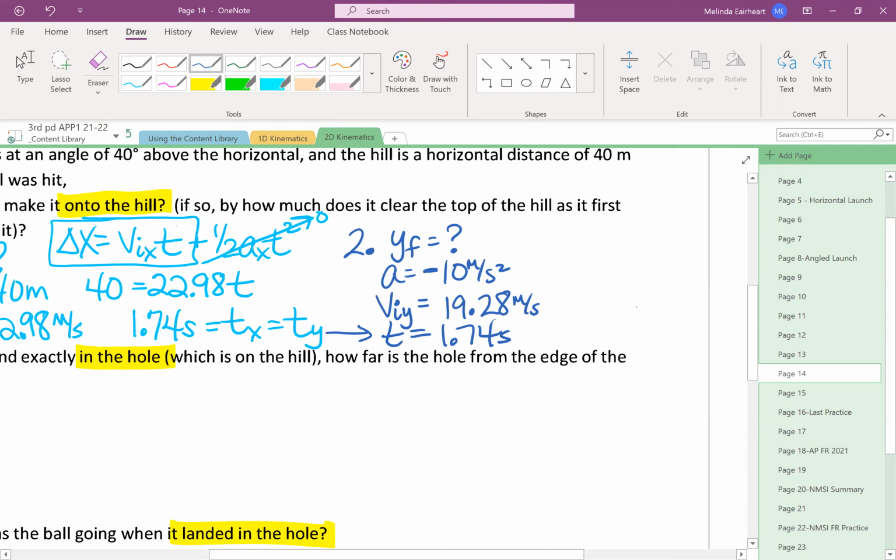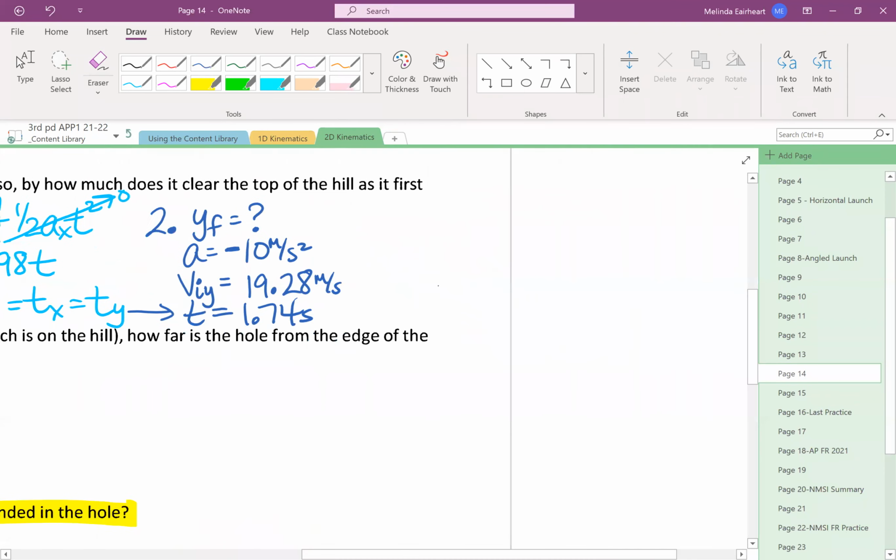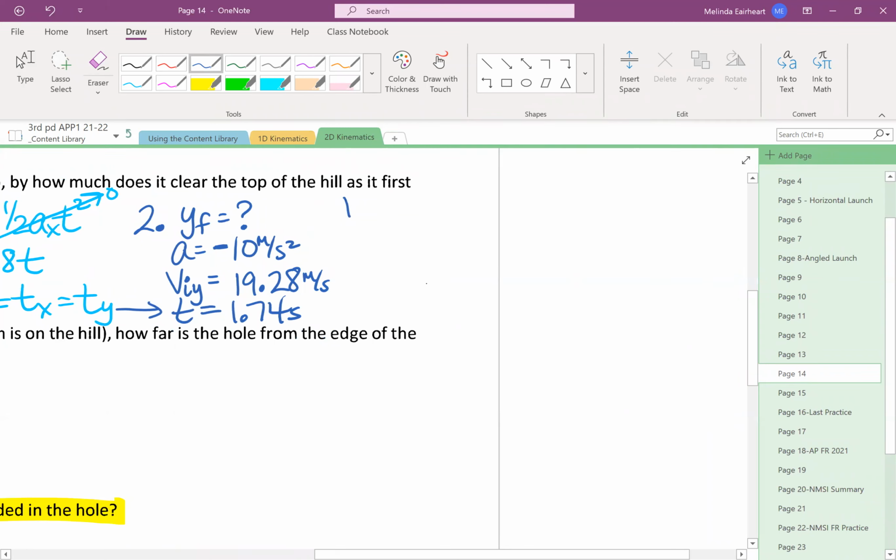Is this enough? Usually when you start getting 3 numbers, is this enough? So what equation can we use to find that final vertical position? Second again, because we don't know that final velocity. And so YF, I'll put it in terms of position.